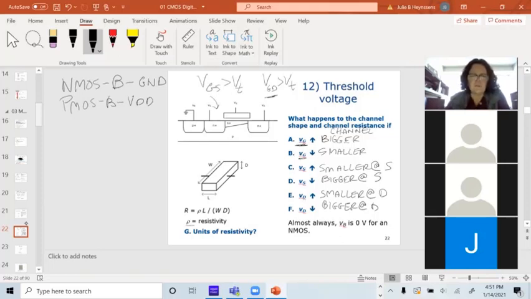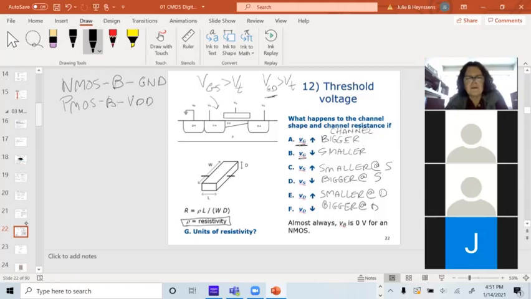It has a thing called resistivity, a material property you can look up in a table. The actual resistance of this channel, which we want to be low when it's on and high when it's off, is equal to that resistivity, fixed once I get the material down, times the length of the channel. So if I make this channel longer, the resistance is going to go up. And this is the on resistance.